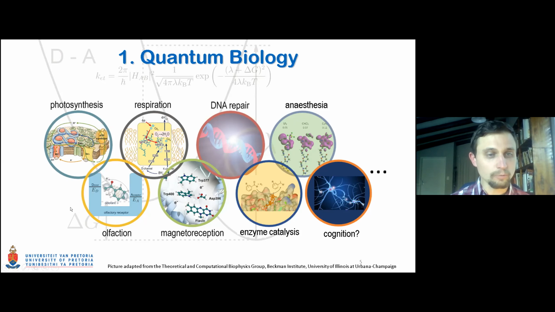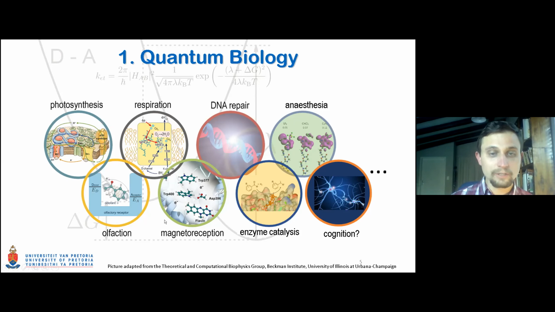You have a donor molecule and an acceptor molecule, with electron tunneling from the donor to the acceptor, coupled with some specific vibrations in the system. Vibrational states or phonons couple to the electron, and this facilitates electron tunneling, which then leads to the sense of smelling, or olfaction.